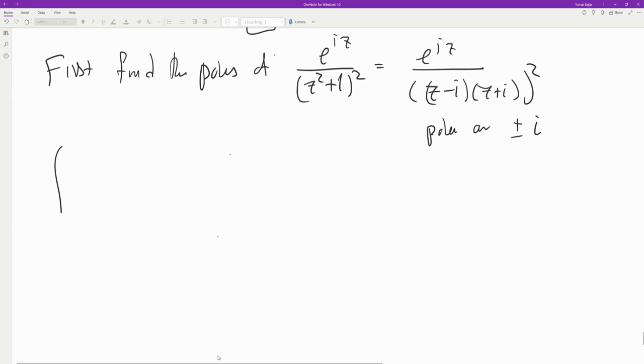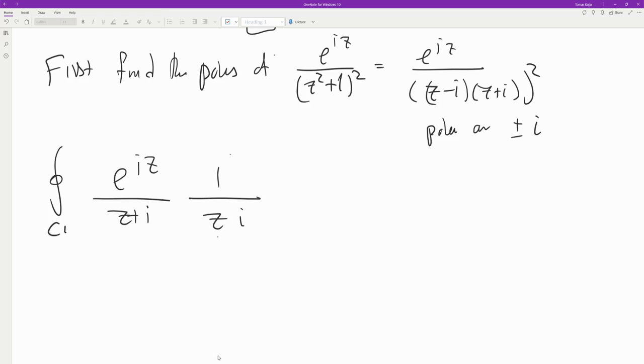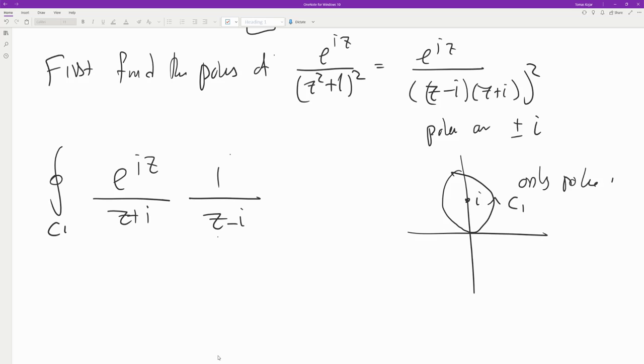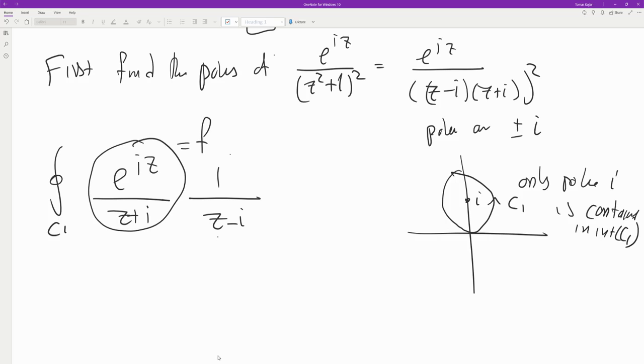Okay, so for C1, e^(iz) over (z plus i) and then (z minus i). Okay, so in the C1 contour, we have only the pole i contained in the interior of C1. So we can use Cauchy integral formula where this is f.